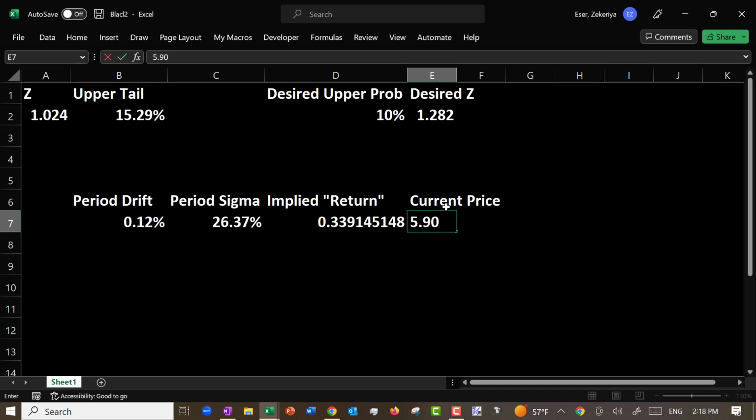Current price 590. Desired strike. Take the current price, multiply it with that implied return.